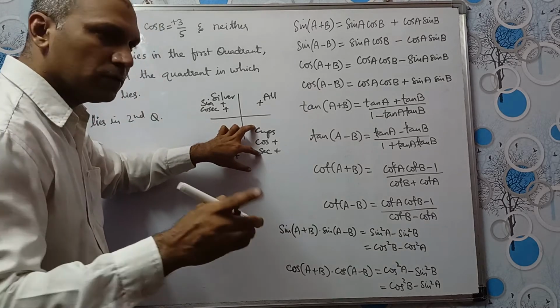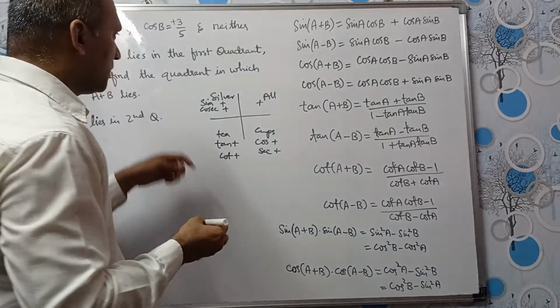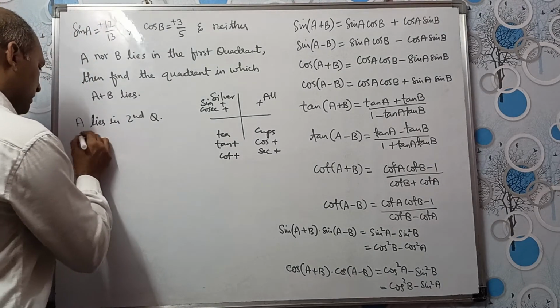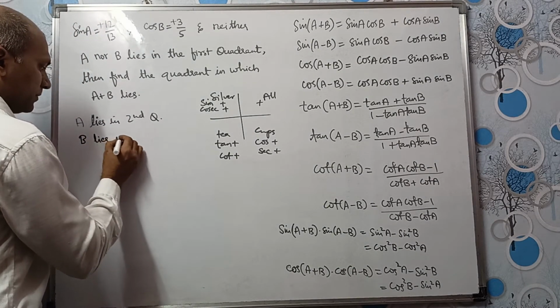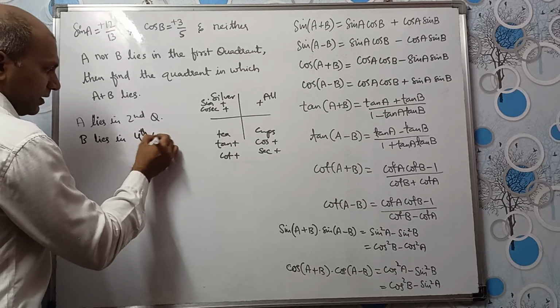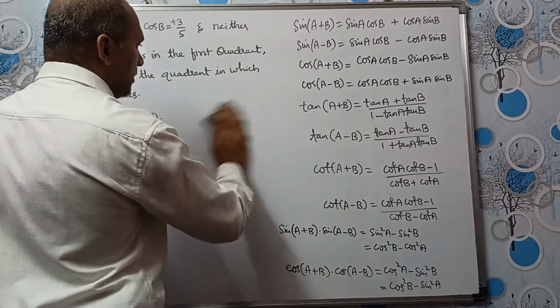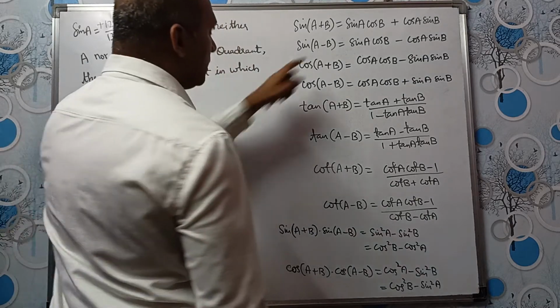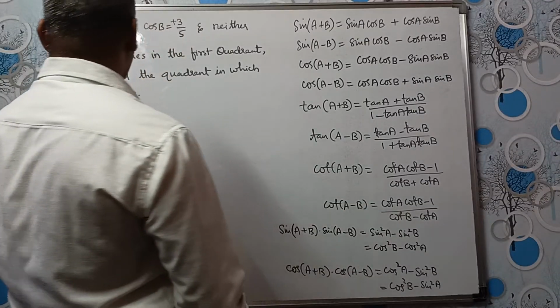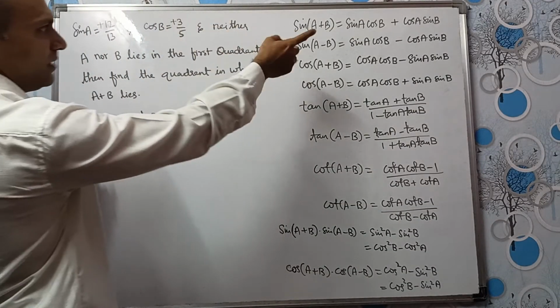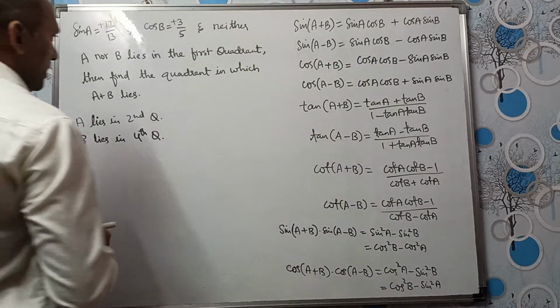In the fourth quadrant cos is positive, which means B lies in the fourth quadrant. Okay. So with this information, let us find the values of sin B and cos A. Cos B is given, right?